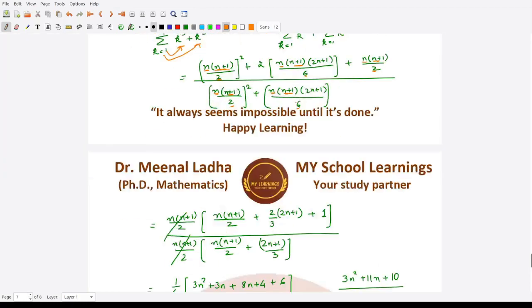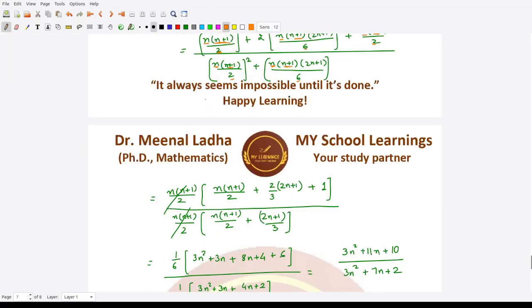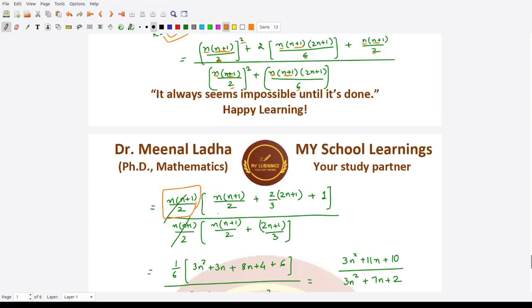In the numerator, when you take (n+1)/2 common, because we have a square term, one power is left behind. Here we are left with (2n+1)/3. Everything else is taken outside, and this 2 also. And in the denominator everything has been taken outside, so we are left with plus 1.